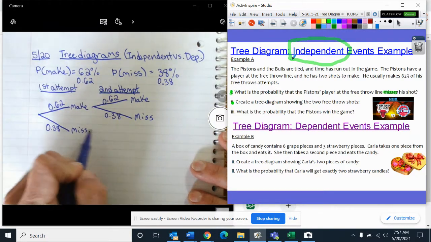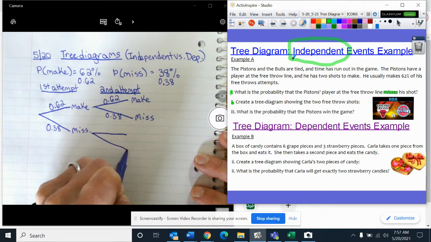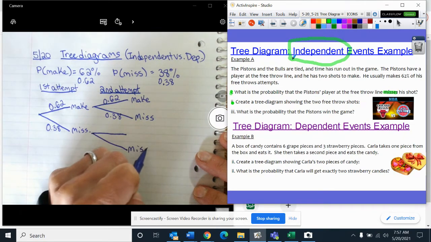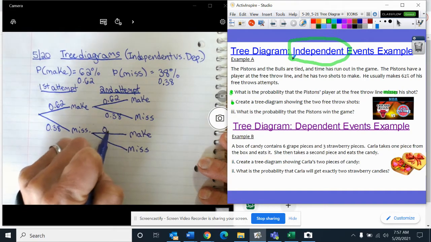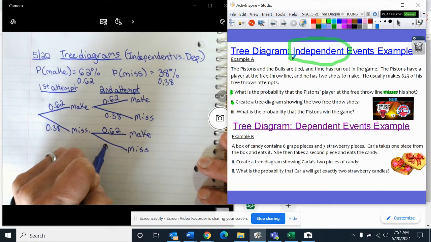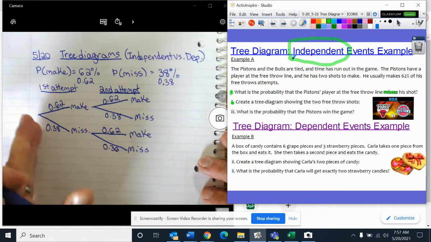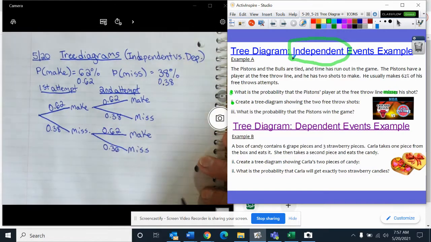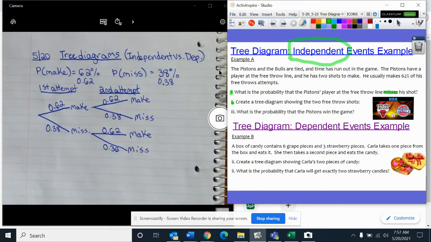And the same, if they miss the first shot, they could make the second one or miss the second one. So again, the probabilities are the same. They do not change because they're independent events. First shot, second shot.